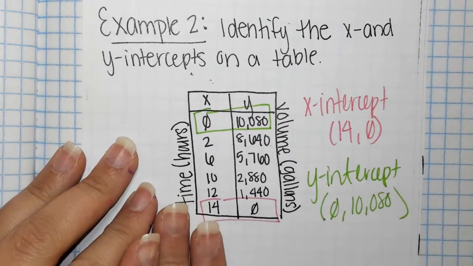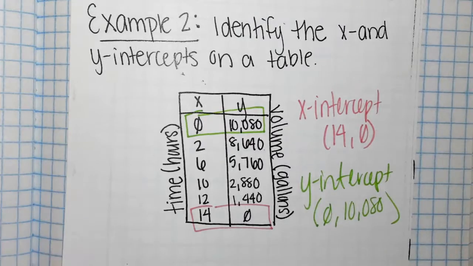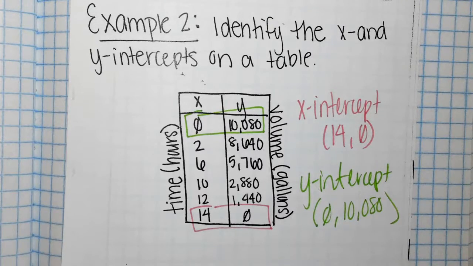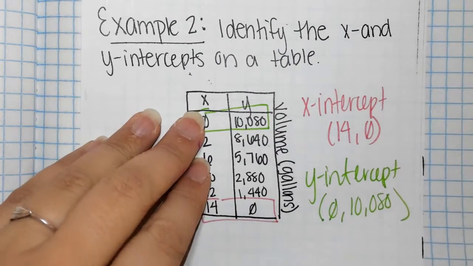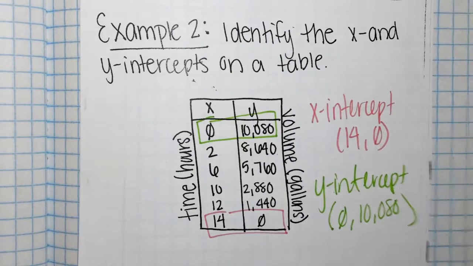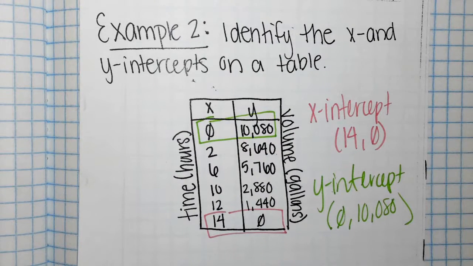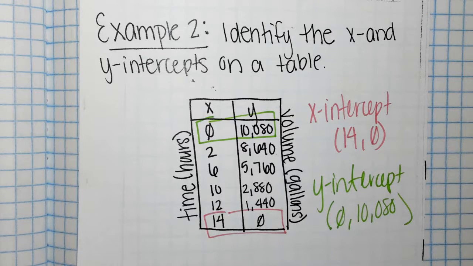Alright, so what I want you to do tonight for homework is create a graph and label the x and y intercepts, and a table and label the x and y intercepts. Your own, whatever you want. I'm going to write it down for you.